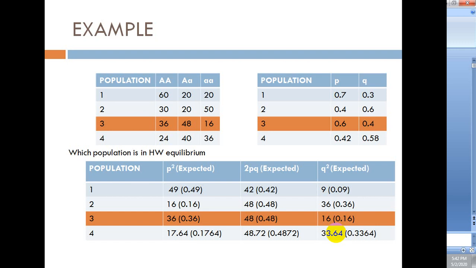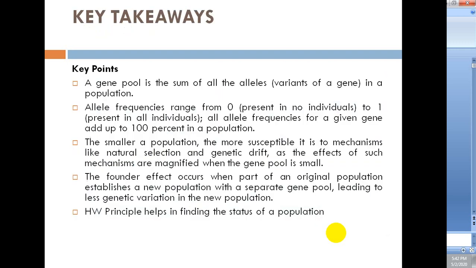That can be understood from the HW calculations, the allelic frequency and genotype frequency calculations, by examining the population through the HW equilibrium principle.